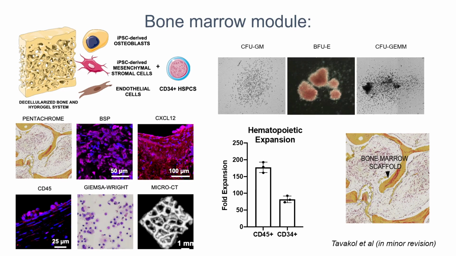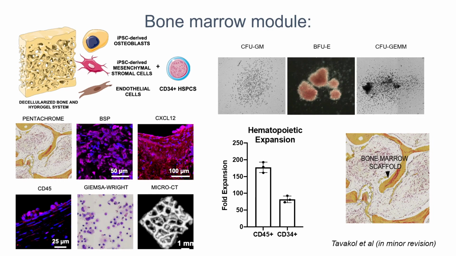And at the right, there are a couple of features that are really very important to show that this bone marrow has utility. One is the colony forming ability. This is a standard assay. And the other is what's labeled here as hematopoietic expansion. So you want to see generation of CD45 and CD34 positive cells. And you see here that this is over a period of a couple of weeks. So the expansion is about 100-fold for these two cell types.